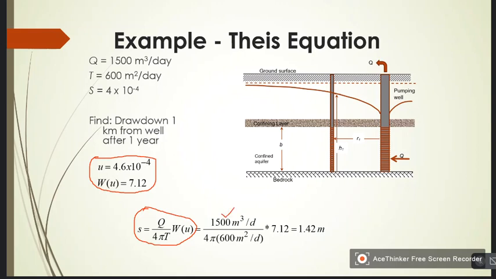Again, be consistent in your units. So you will get drawdown as 1.42. So this is one direct method.